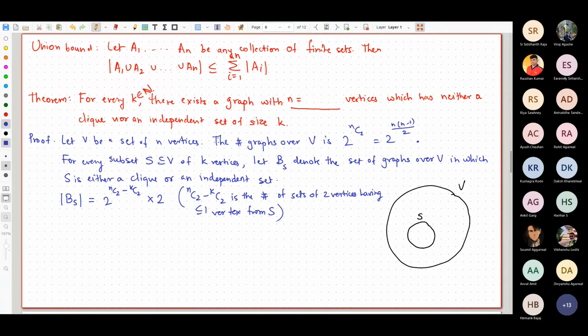So the number of such graphs, that count will come out to be 2 to the power n choose 2 minus k choose 2. On top of that, we have a choice of making S either a clique or an independent set. Which is why we have this 2. Is this okay? Any questions? So the size of the set B sub S is this.